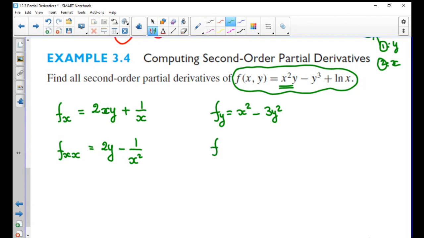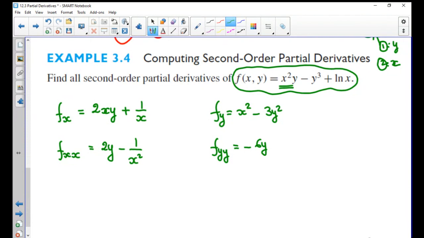Now I want fyy, the second derivative with respect to y. X squared will give us 0. And then minus 3y squared gives minus 6y.